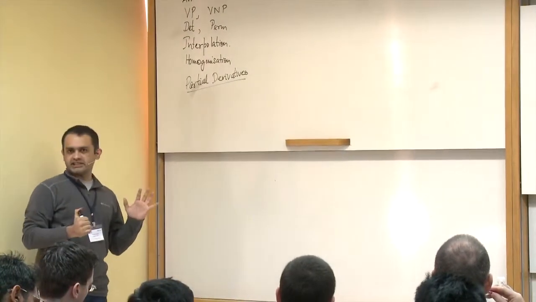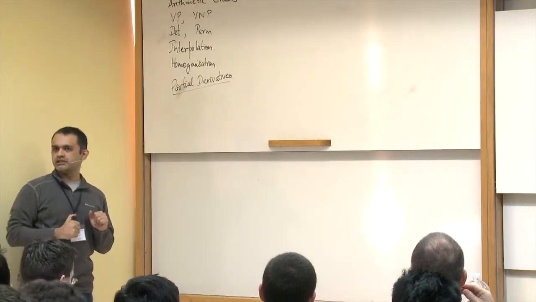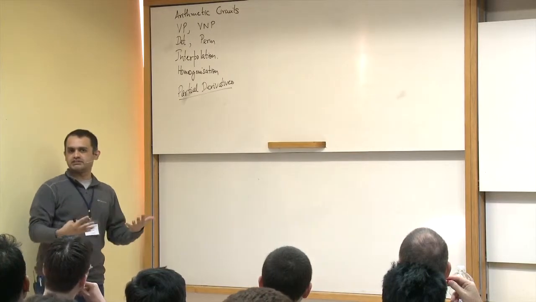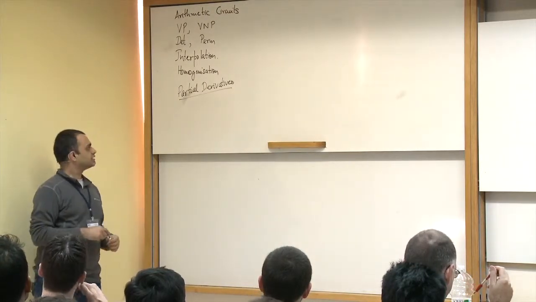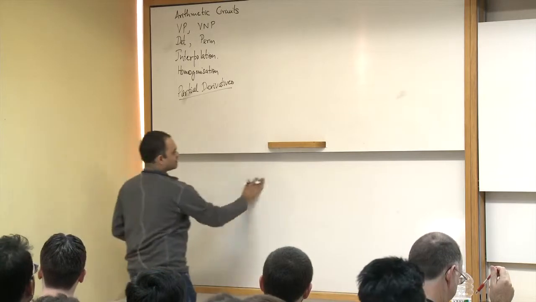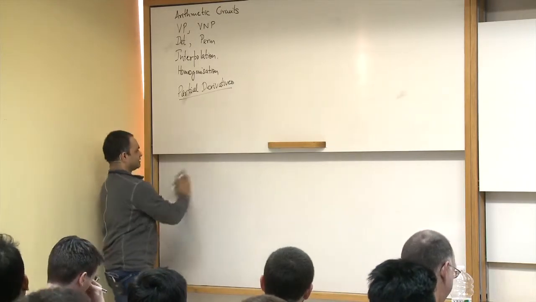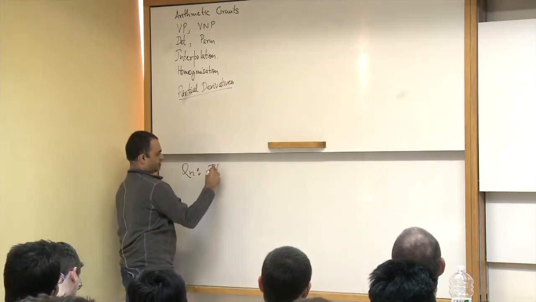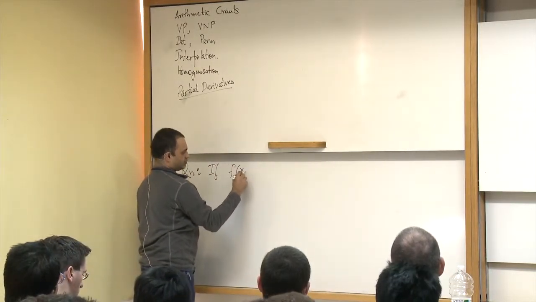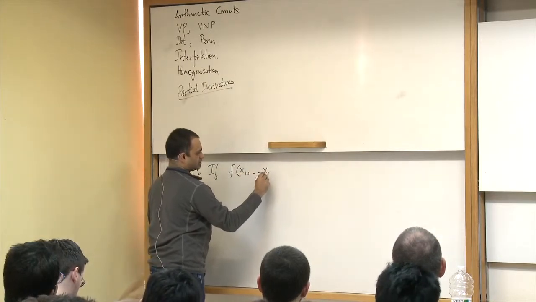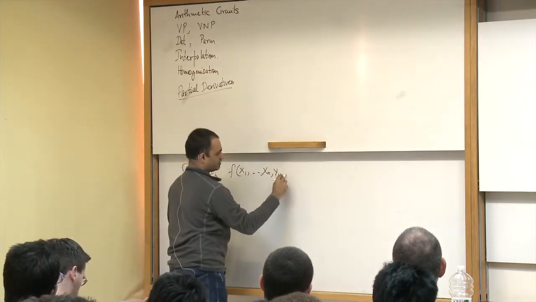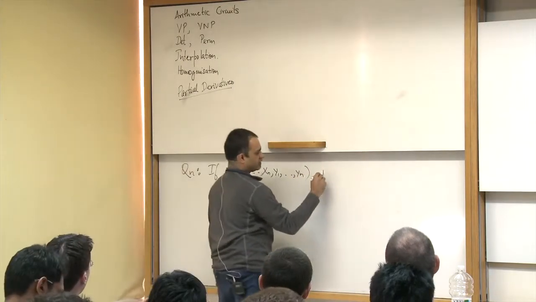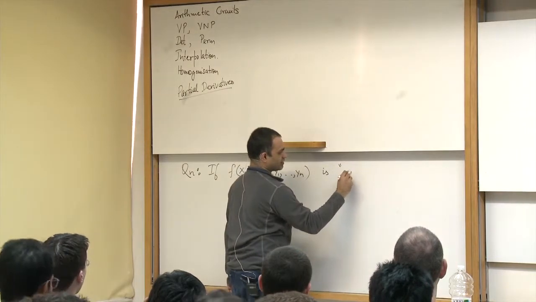So we have an arithmetic circuit, it computes some polynomial, and we would like to now compute some partial derivatives of this polynomial as small arithmetic circuits. So just to see if people were paying enough attention, let's just say we have a polynomial f in the variables x1 through xn, y1 through yn, that is easy.